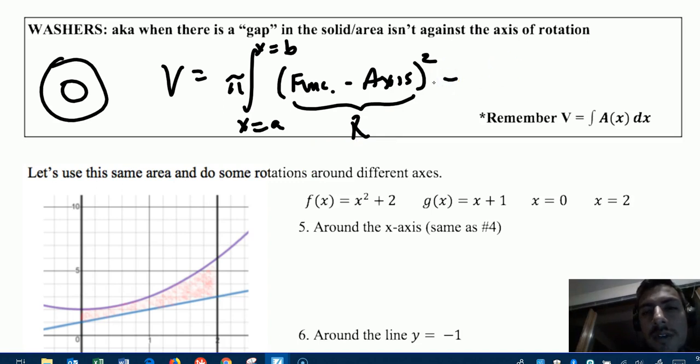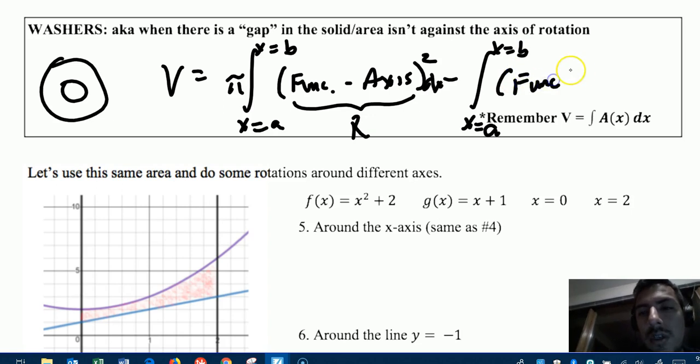We're going to subtract from it x equals a to x equals b of the function minus the axis squared dx, with the pi in front because that's the area of a circle, and this is going to be a little r.